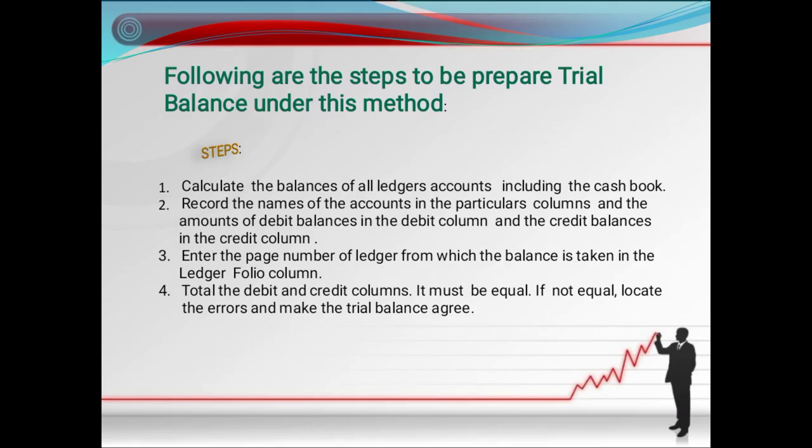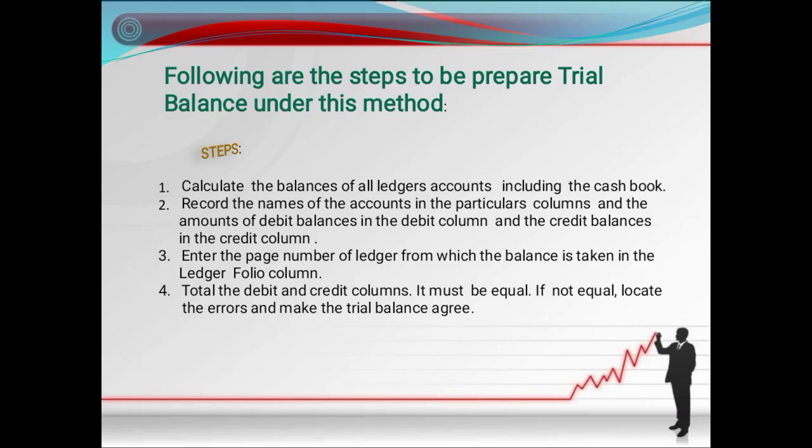Then enter the page number of the ledger from which the balance has been taken, that is, the ledger folio column. The totals of the debit and credit columns must be equal, and if not equal, locate the error and make the trial balance agree.